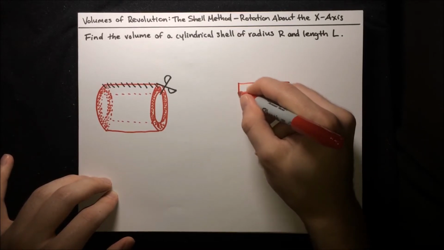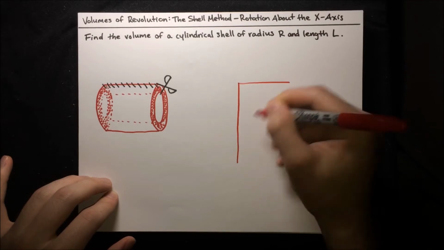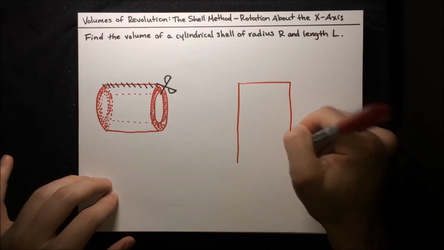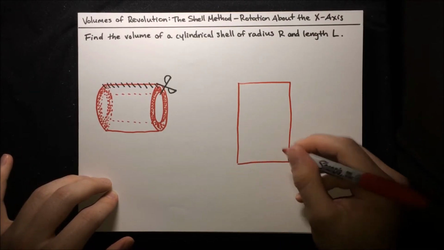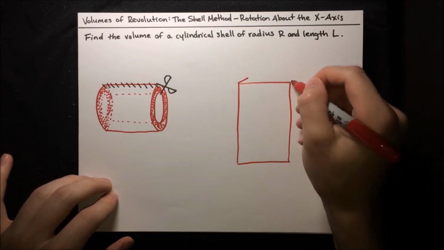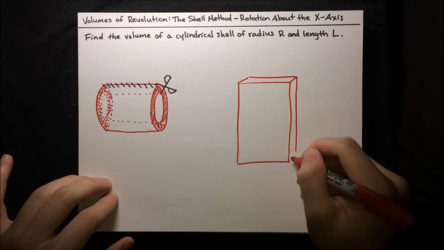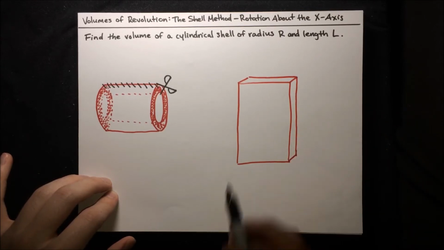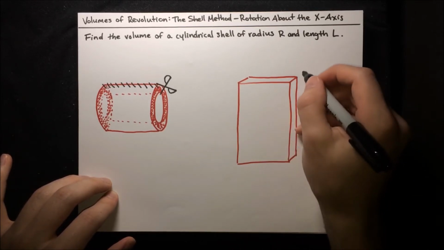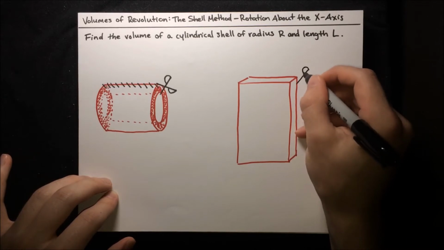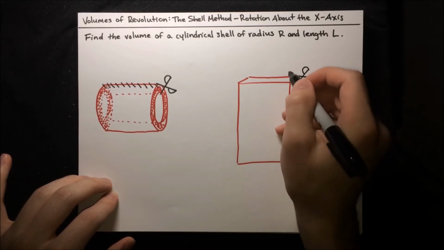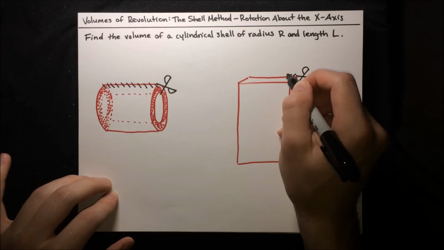Let's just draw that out there. Alright, so it looks something like this, and there's some thickness of the walls as well. So this top is where the scissors were. The scissors were right about here, and they cut along here.